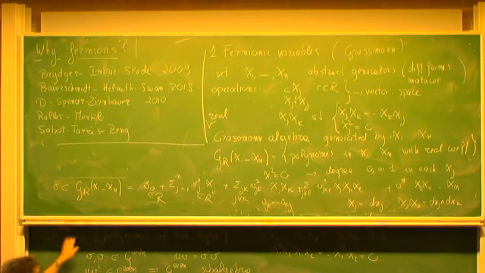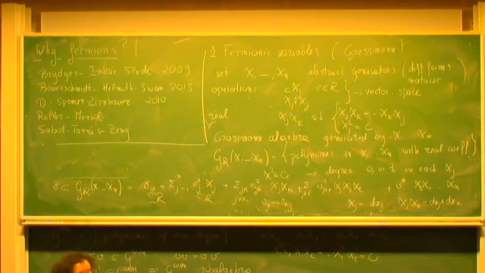Now that we have these, I can extend the notion of functions to even elements of a Grassmann algebra. Take any function on real numbers, let's say C infinity. Take f, which is C infinity of R.